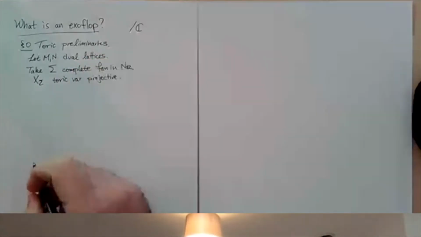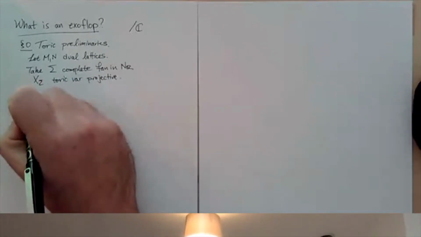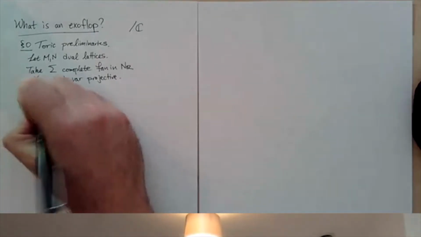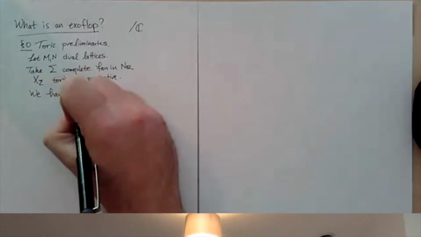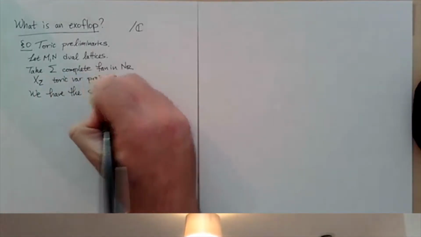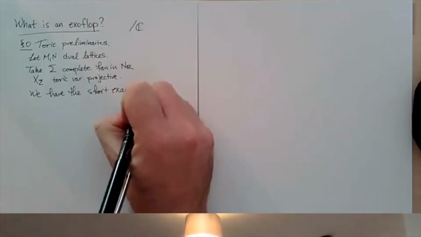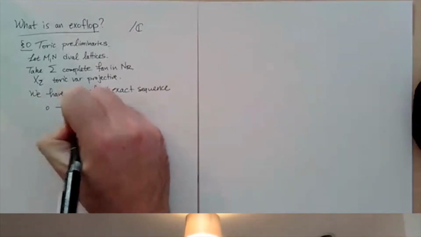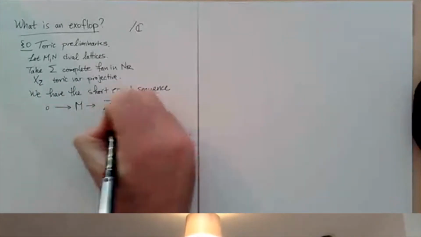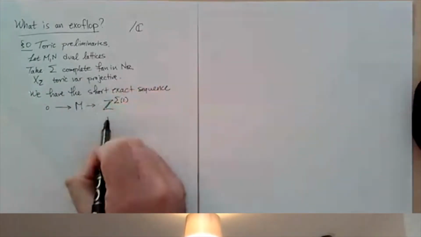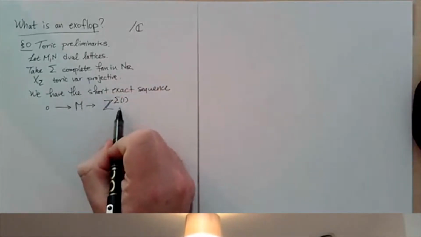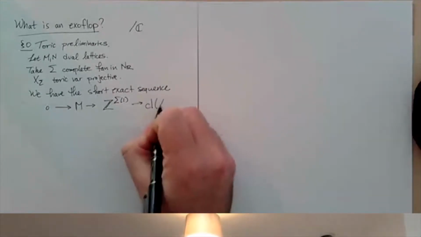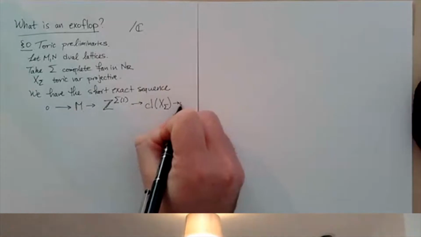Okay, so what we have when we do this is a short exact sequence that gives us the class group. So we have the short exact sequence 0 to M to the free abelian group generated by the rays in sigma to the class group of X_sigma to 0.